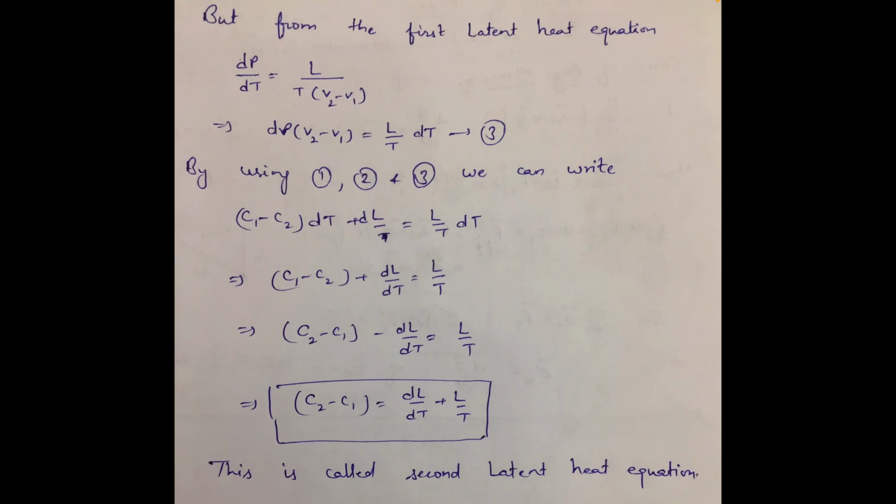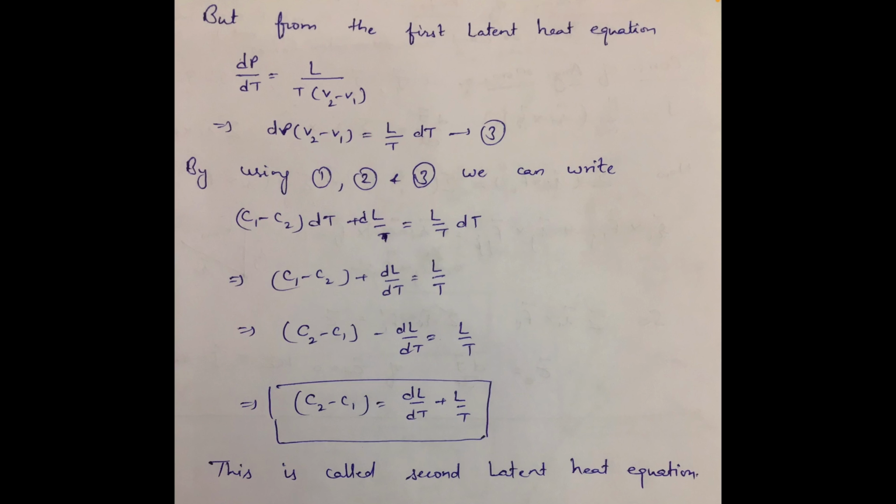Now equation 2 gives us the net amount of heat absorbed by the substance by taking the area enclosed by the Carnot cycle in consideration, whose value was equal to dP multiplied by V2 minus V1. But by use of the first latent heat equation, the value of dP multiplied by V2 minus V1 is equal to L by T dt.